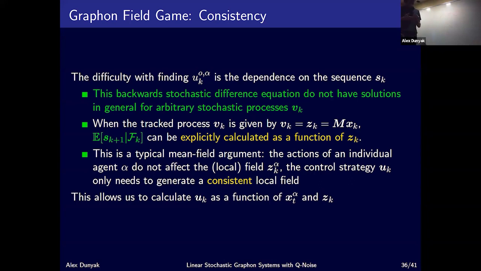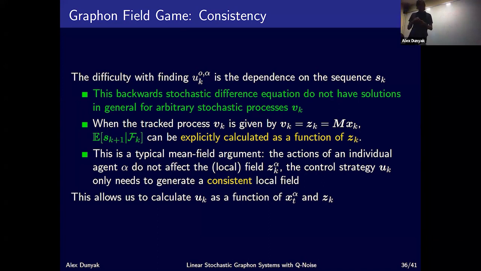This is a typical mean field argument because your personal inputs do not affect your field, since you're connected to an infinite number of players.